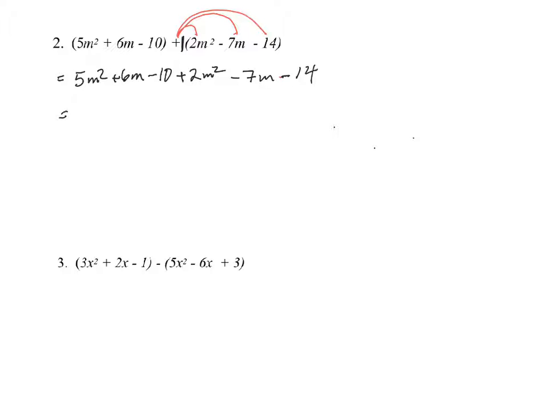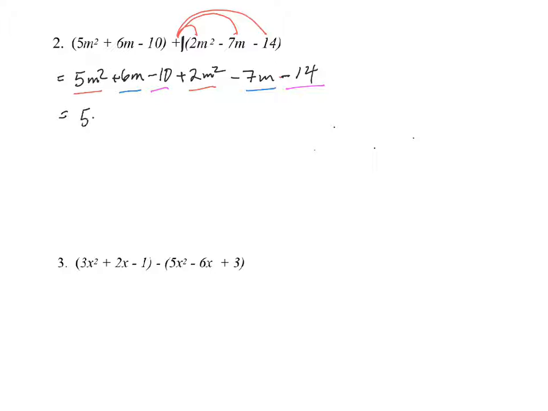So now we're going to collect our like terms again. In this case, we've got m squared terms that are the same, m terms that are the same, and just basic numbers, which are the same. We're going to use those three and put them side by side to see what they look like.